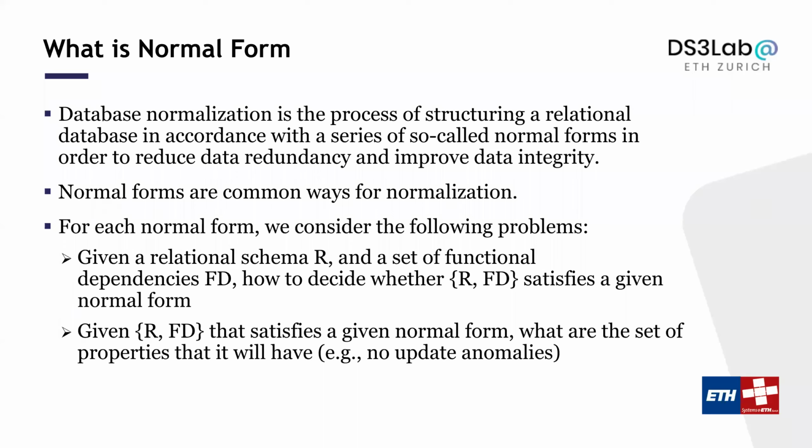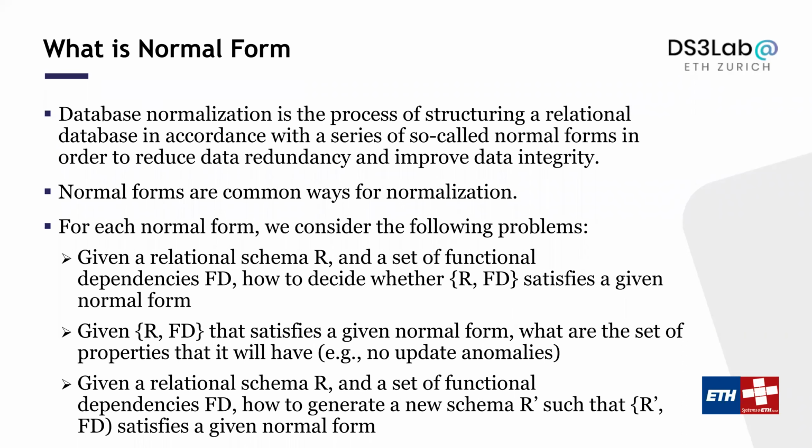Question number 2 is: if you give me a relational schema R and a set of functional dependencies FD that satisfy a given normal form, what are the properties that it will have? For example, whether it has update anomalies, whether it has insert anomalies. If you normalize your database in this way, what property can we say about that?